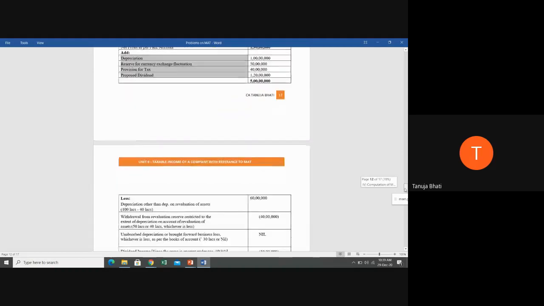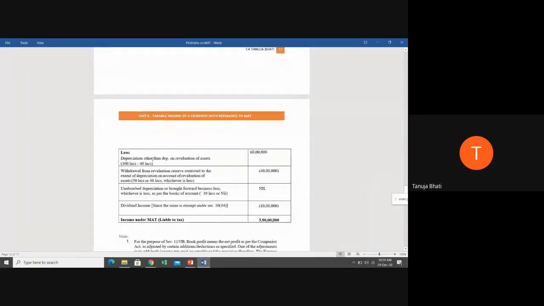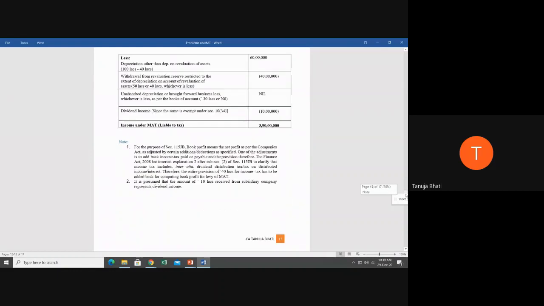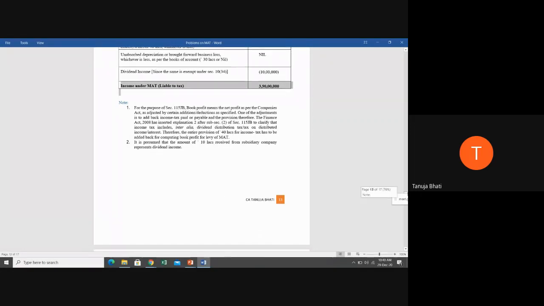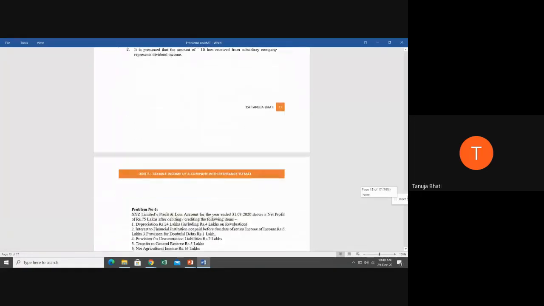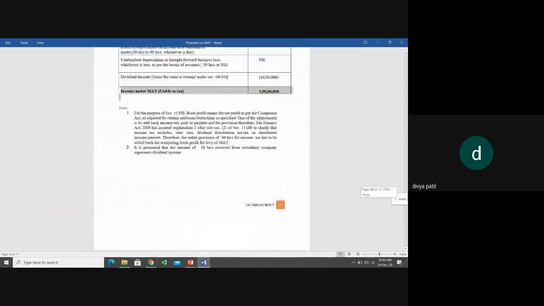You're going to get the amount, then less depreciation other than depreciation on revaluation of asset, withdrawal from revaluation reserve restricted to the extent of depreciation, unabsorbed depreciation or brought forward business loss, whichever is less, then dividend income. Okay, once you minus, you're going to get income under MAT, that is liable to tax. Is this clear, students? Yes, ma'am.